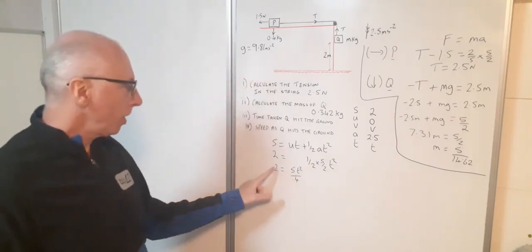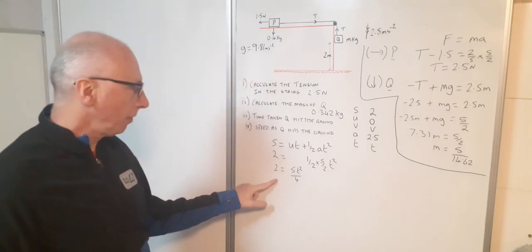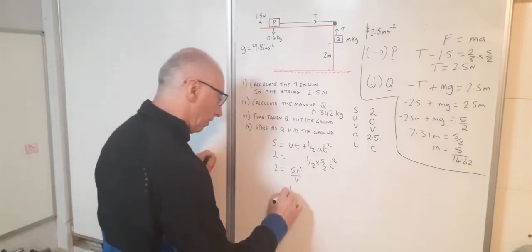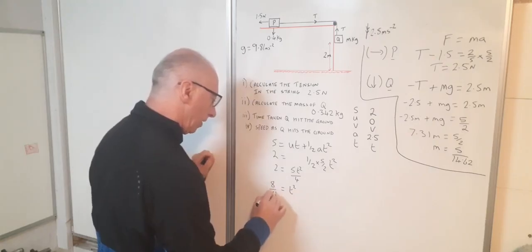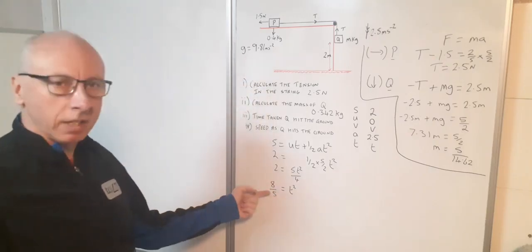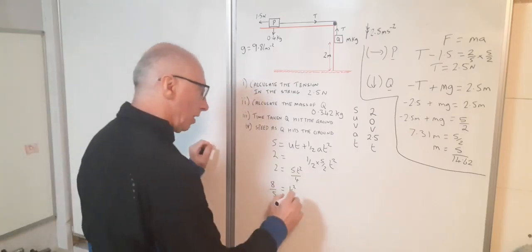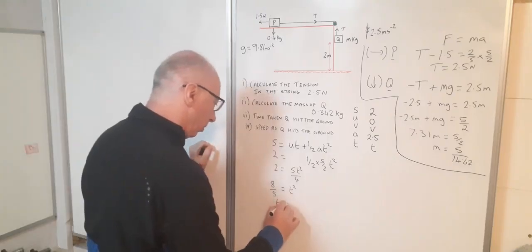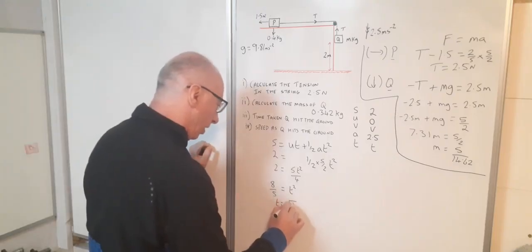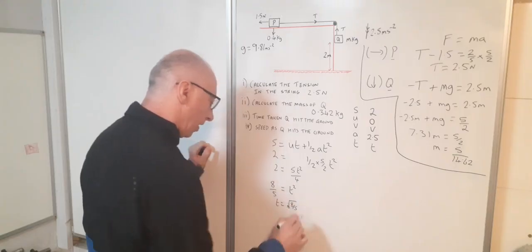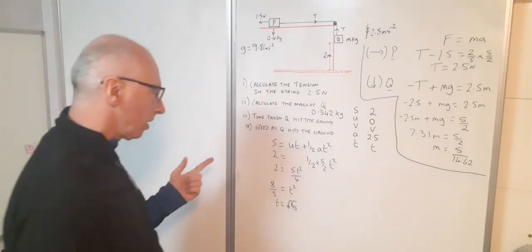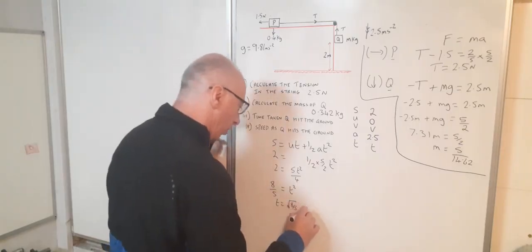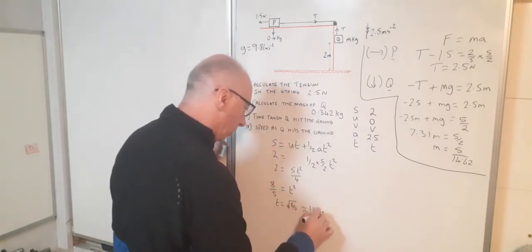If I multiply this side by 4 and divide by 5, then I'll have t squared equals 8 over 5, and then t will be the square root of that. So t equals the square root of 8 over 5, and if you plug that into your calculator, you get approximately 1.26 seconds.